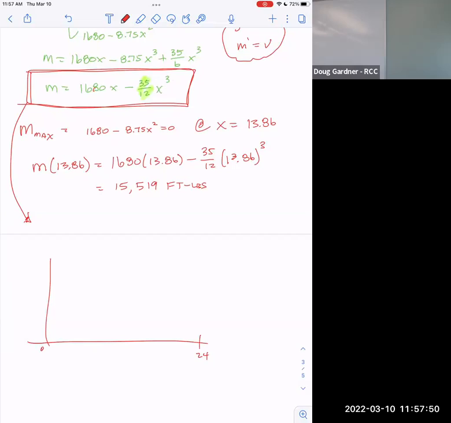But if I graph this, 1680x, one window has to be over 15,000.